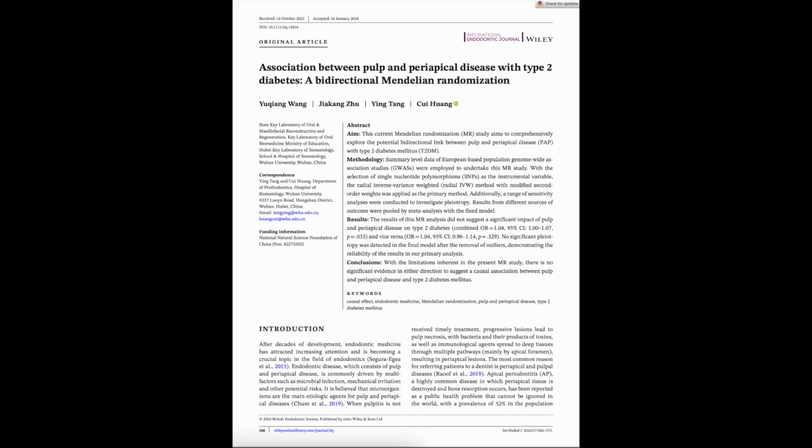The study we have today by the Chinese group Wang and colleagues, which was published in 2024 in the IEJ, employed this study design where they used the bidirectional Mendelian randomization to explore the potential two-way causal relationship between pulp and periapical disease and type 2 diabetes mellitus.